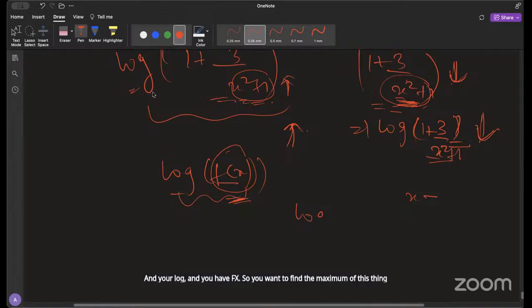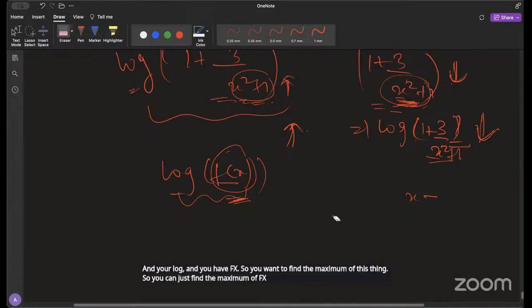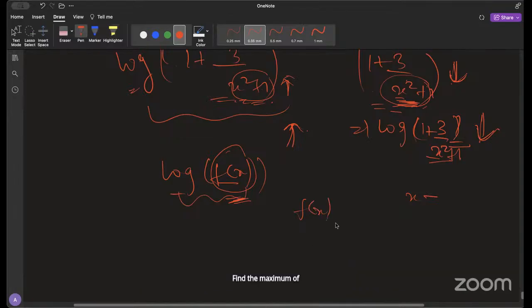So you can just find the maximum of f(x), let's say it is f(x1), and then substitute it in this, because log is an increasing function. Is this thing clear to everyone?